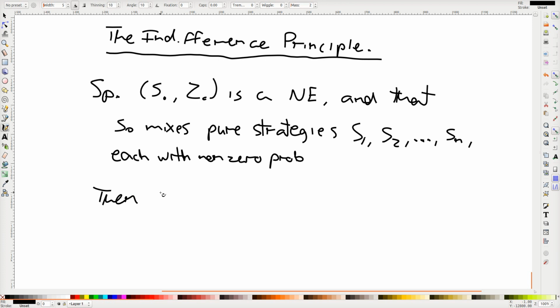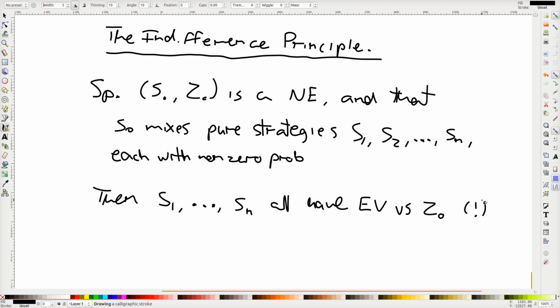Then the conclusion is that S1 through Sn, they all have the same expected value against Z naught. And this should be a little bit surprising. So I encourage you to pause the video and to consider why this is true.